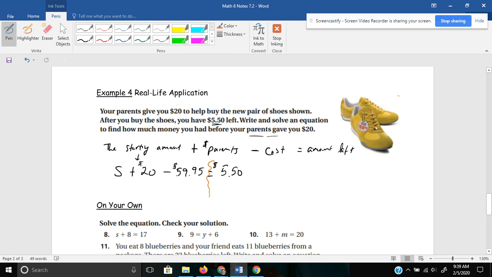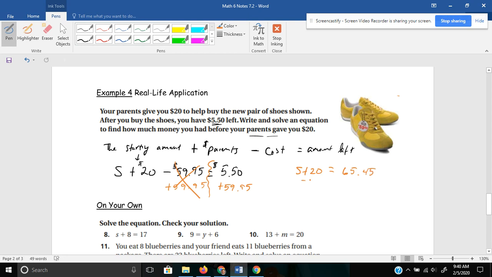To undo subtracting $59.95, I would add that to both sides. That would cancel. And I'd be left with S plus 20 on the left-hand side still equals $59.95 plus $5.50, which would give me a total of $65.45.